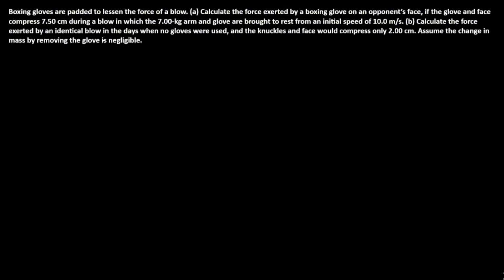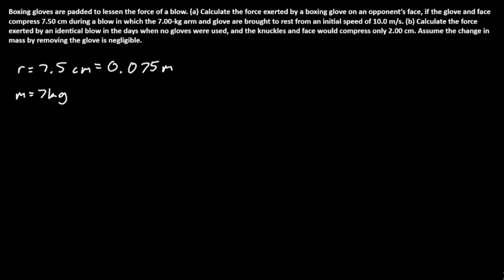Boxing gloves are padded to lessen the force of a blow. Calculate the force exerted by a boxing glove on an opponent's face if the glove and the face compress 7.5 centimeters. So 7.5 centimeters is also equal to 0.075 meters. During a blow in which the 7 kilo arm, so that's the mass, and glove are brought to rest from an initial speed of 10 meters per second.